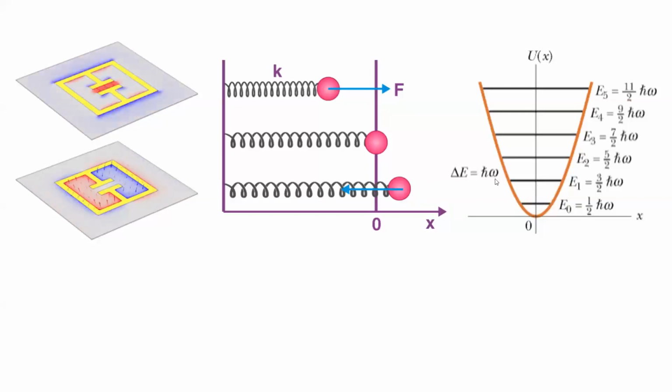So if I add one photon, I would get from the ground state to the first excited state. If I add yet another photon, I will transit to the third state, then to the fourth state. So if I remove all the photons from the resonator, I will find myself at the ground state over here, no photons, and then adding photons will make me go up this ladder higher and higher.